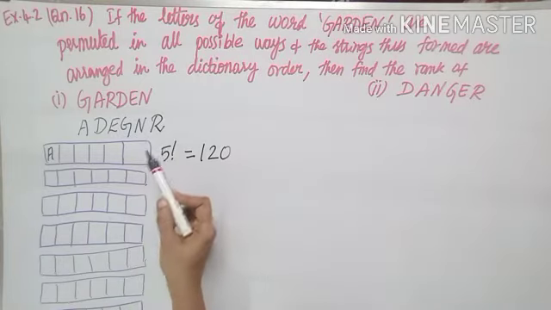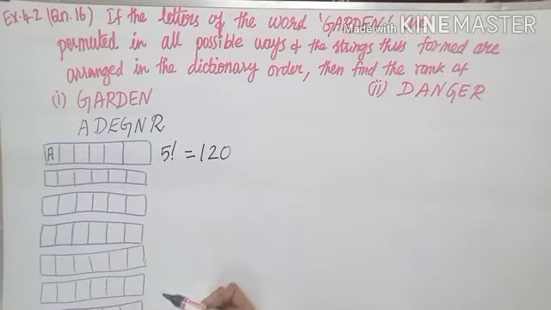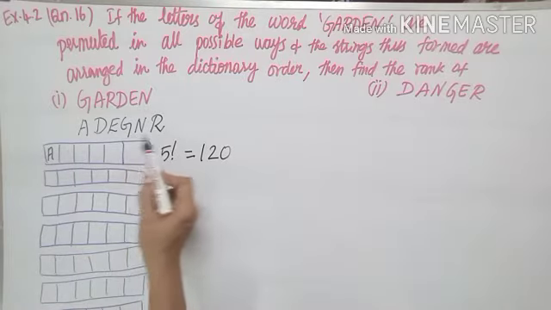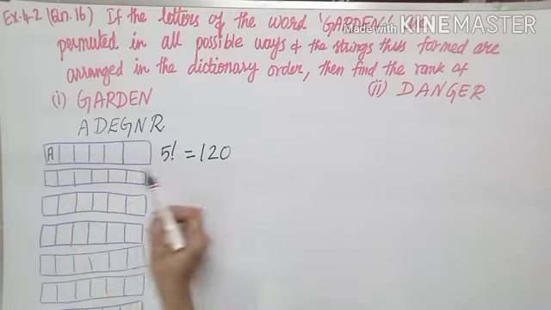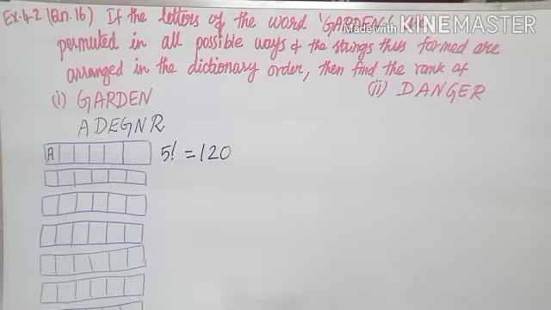Alphabetical order, when I arrange, the first letter would be A. The remaining 5 letters can be arranged in 5 factorial, that is 1 into 2 into 3 into 4 into 5, which is 120.